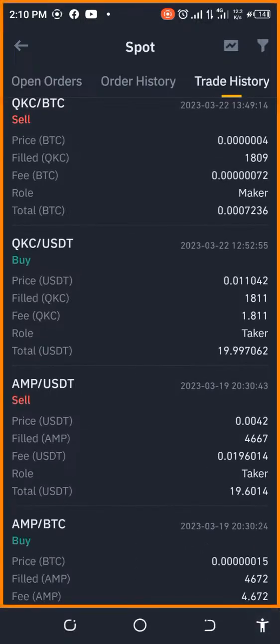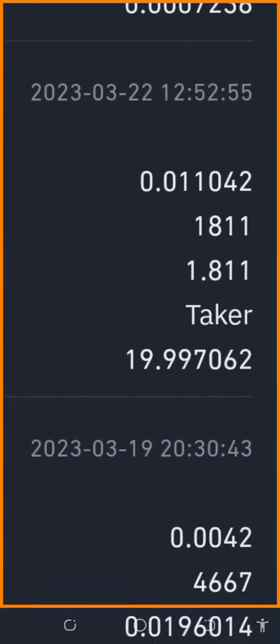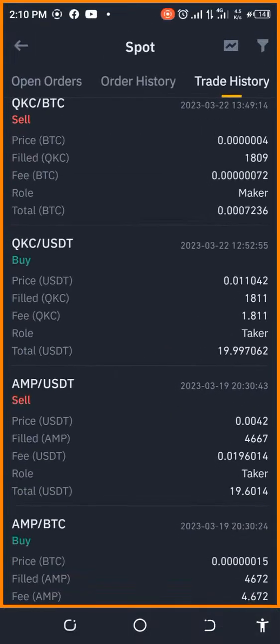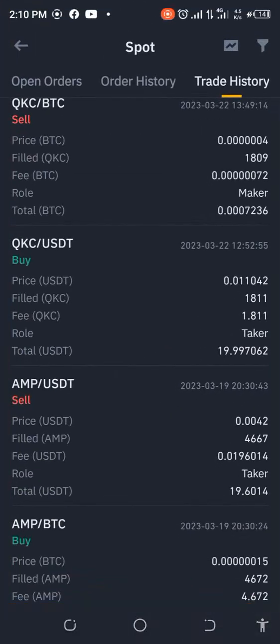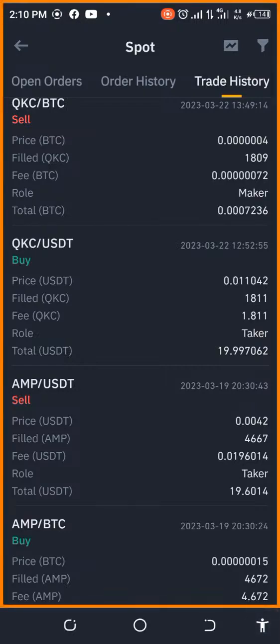So if we look at this, we started out with 19.997, almost $20. It's really very tiny, so let's just say 19.99 or just say $20. That's the best way to look at it.